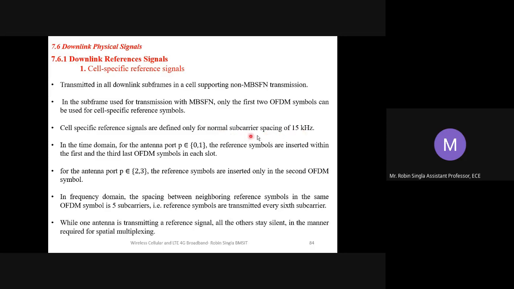This is our normal subcarrier spacing in LTE. In the time domain, for antenna ports 0 and 1, the reference symbols are inserted within the first and third last OFDM symbols in each block.